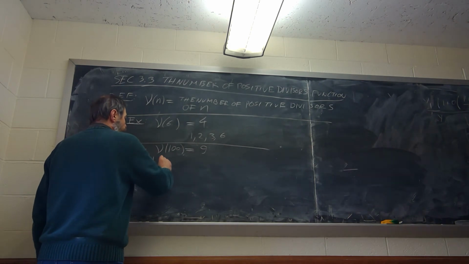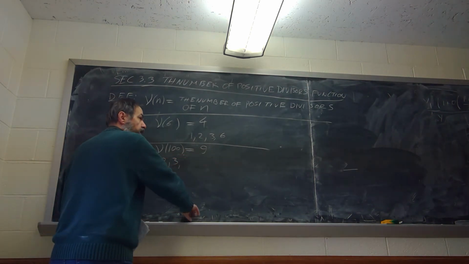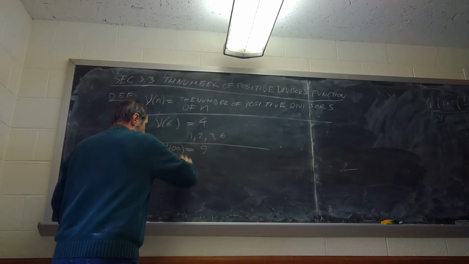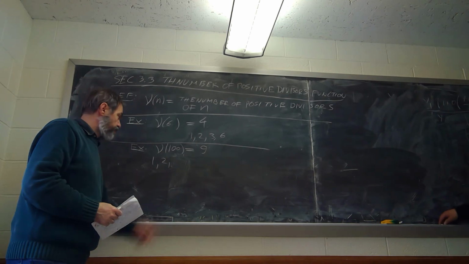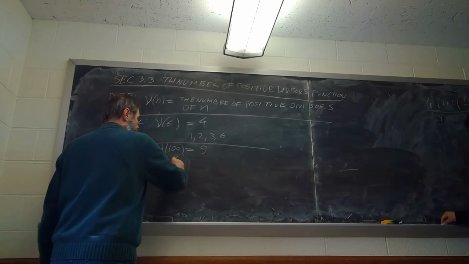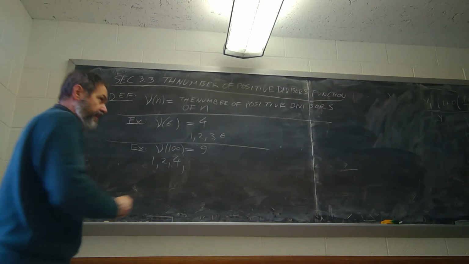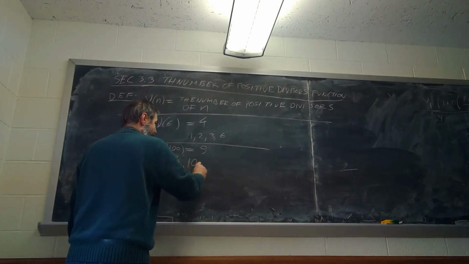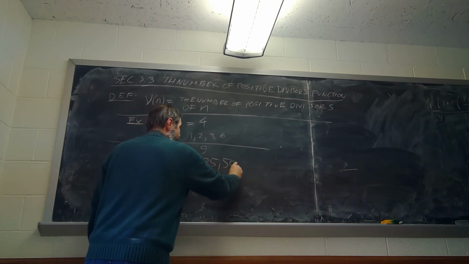1, 2, 3, oops, already made a mistake. That's why I need some people here to correct me. The next one is 4. 2, 4, 10. 10, right? Yeah, 10. 25, 50. No, there's more.